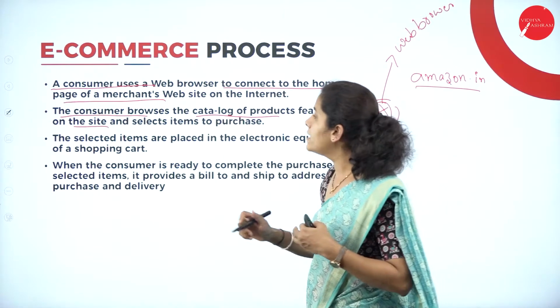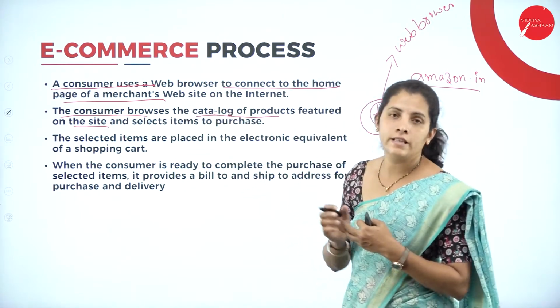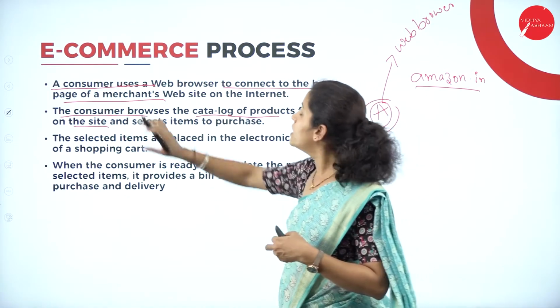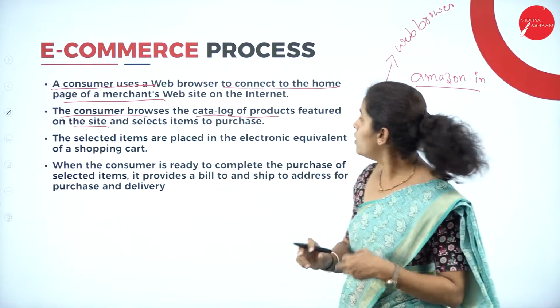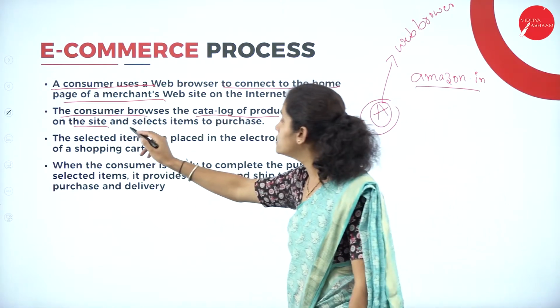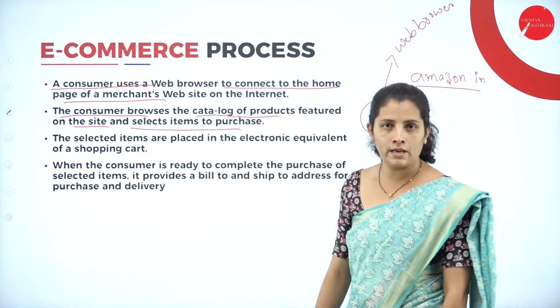After that, you want to purchase that item. So what is the second step? The consumer browses the catalog of products featured on the site and selects the item to purchase.